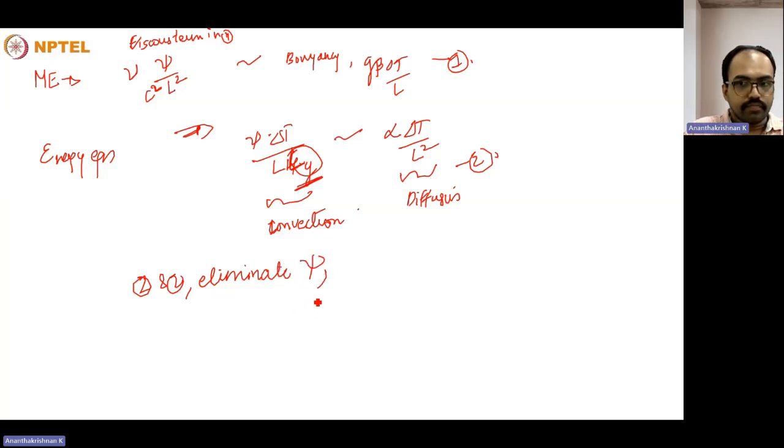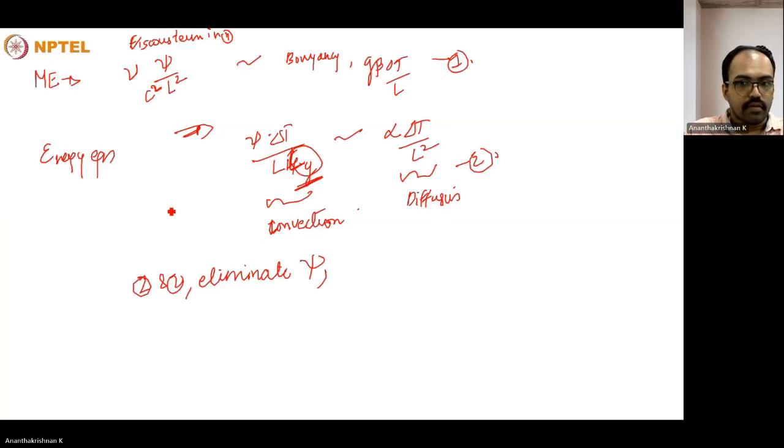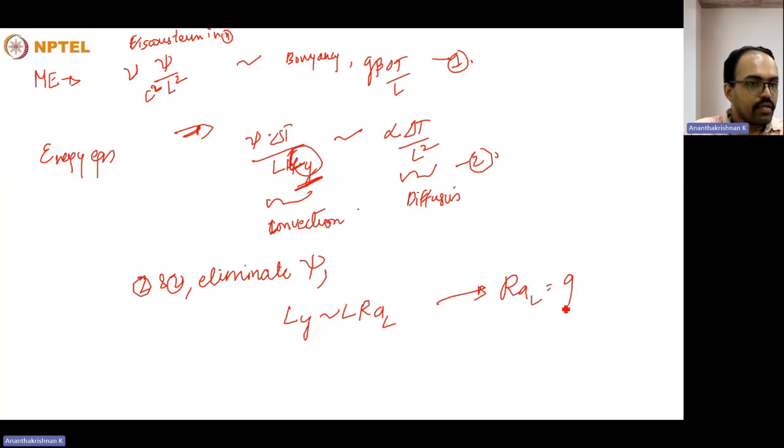We'll get the scale for this case. So we'll get Ly is of the order of L into Rayleigh number of L, where the Rayleigh number is equal to gβΔT L cubed divided by μα.